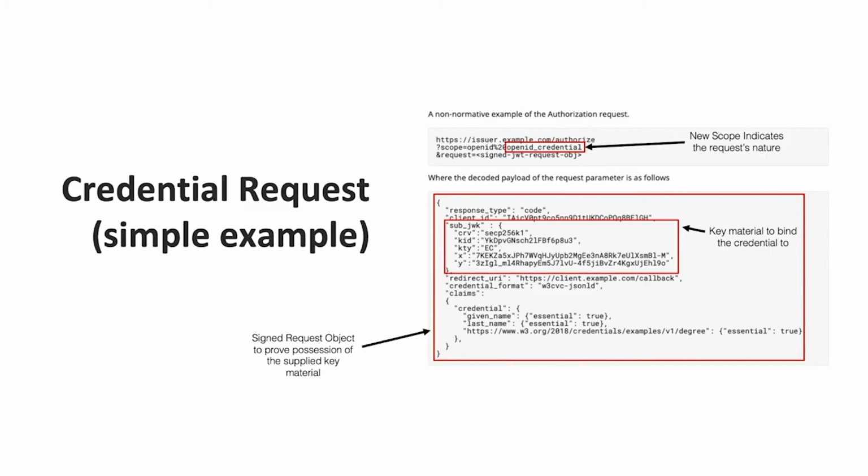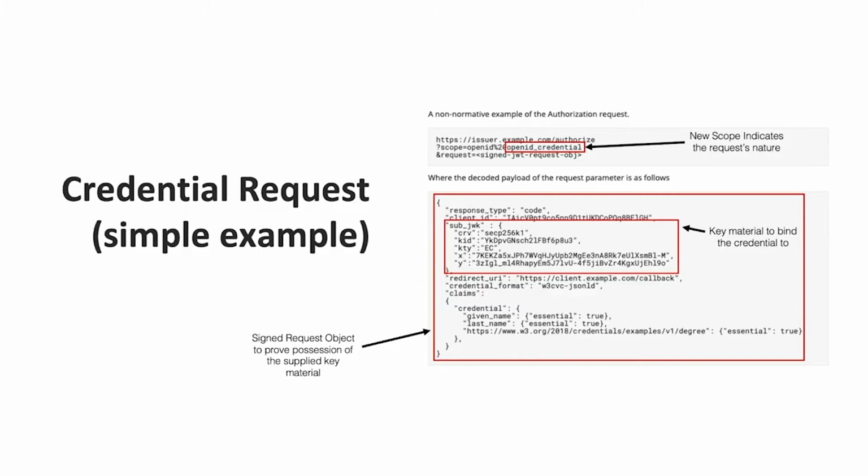In order to do that, the client on making the request needs to prove possession of the cryptographic material that the credential is going to be bound to so that the credential provider can authenticate this up front before they issue the credential. And the way we do this is by using the signed request object, which is defined in the OpenID Connect core protocol. And we also define inline where the key material to use in order to sign this request.